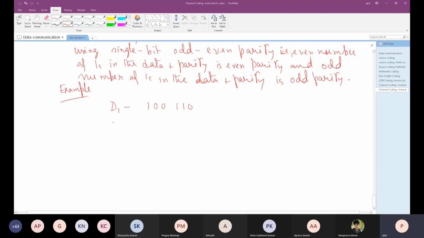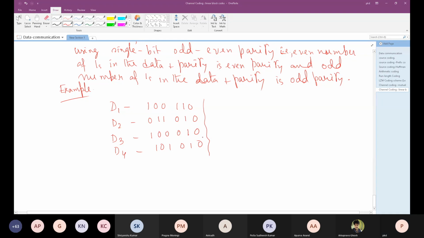Like say we have a data 100110, another data 011010, another 100010. Okay, like this, for example.